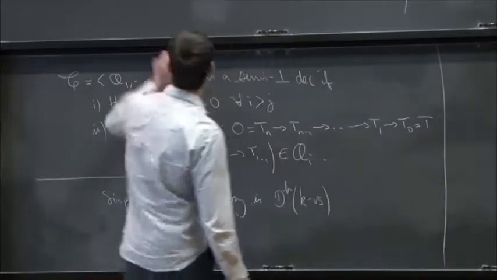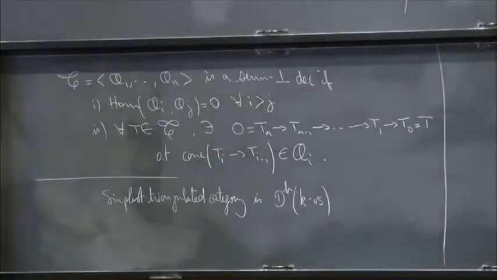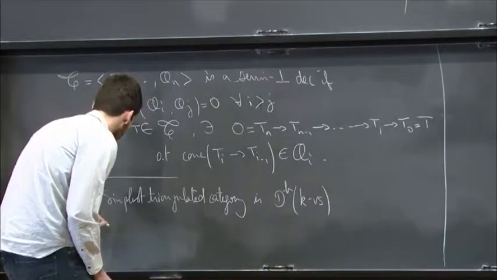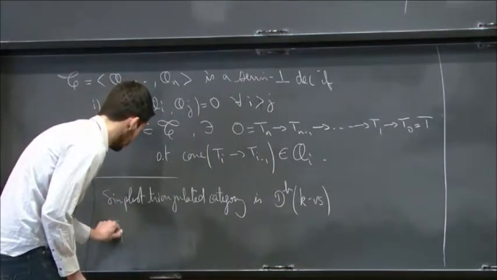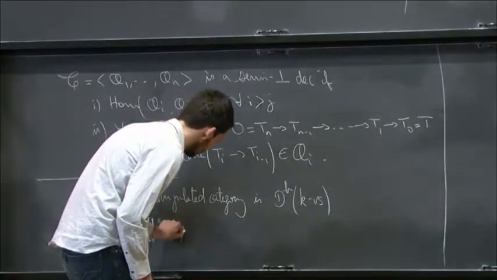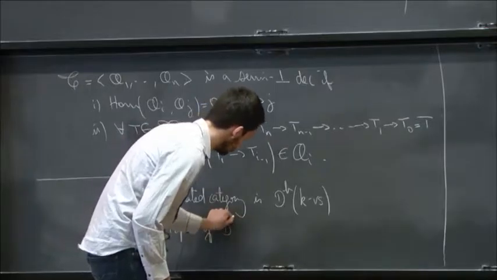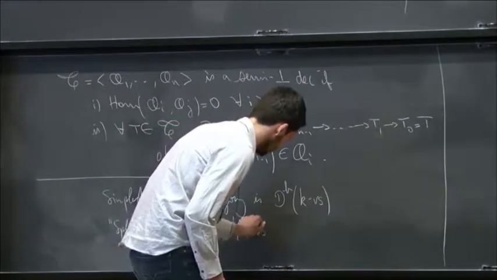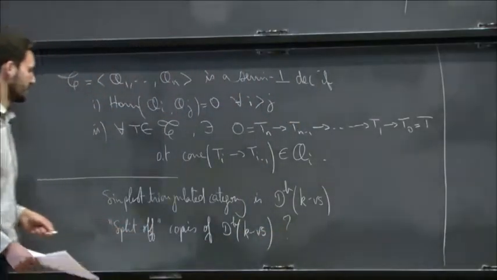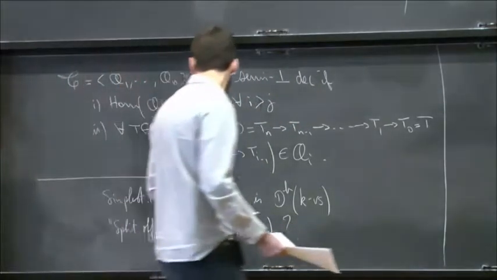For k a field, the categories are k-linear, and so the natural thing to do is to split off copies of this simple triangulated category. So when is this possible?